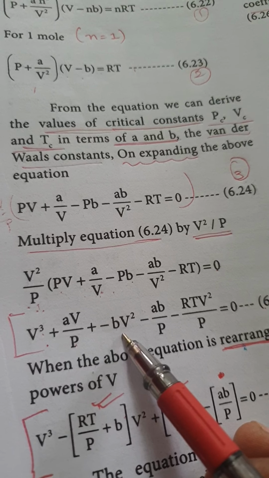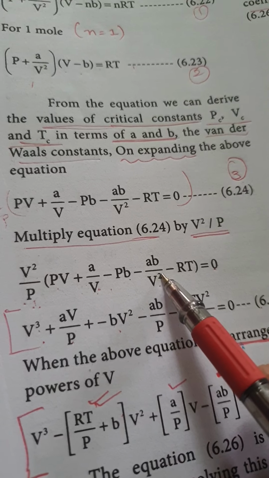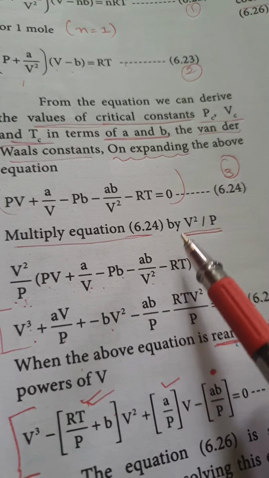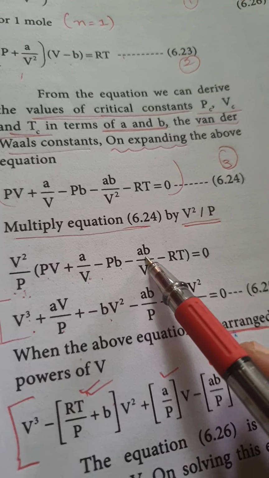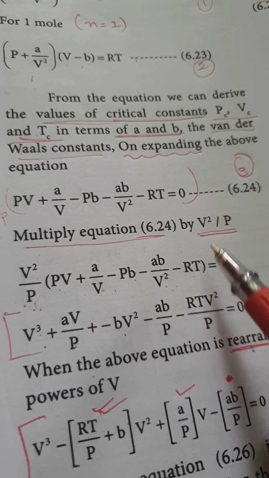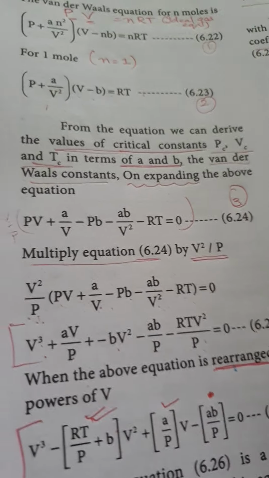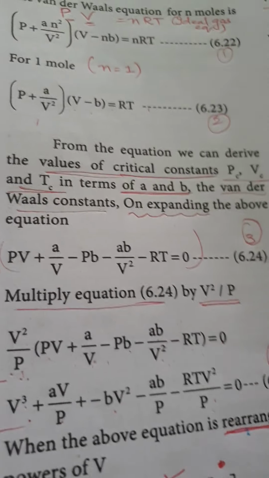Minus b V square. Take this term, ab by V square into V square by P. V square and V square get cancelled, so the remaining is ab by P. Same way, minus RT into V square by P. What do I get? Minus RT V square by P. This becomes equal to your fourth equation.